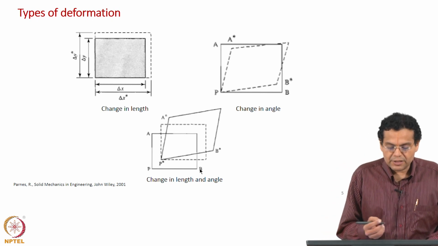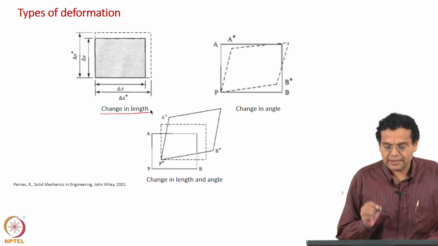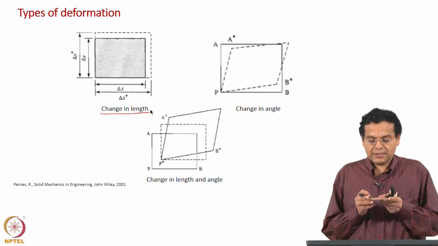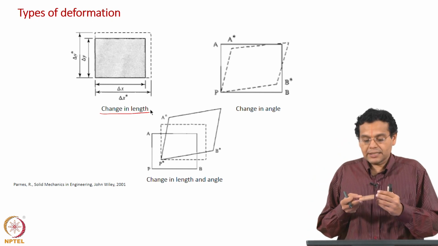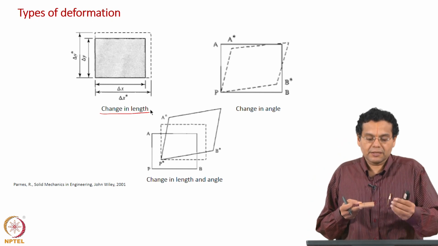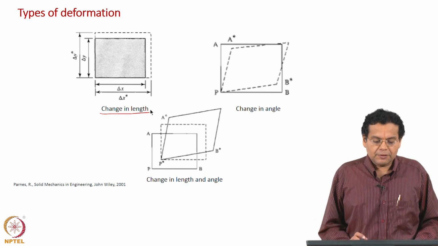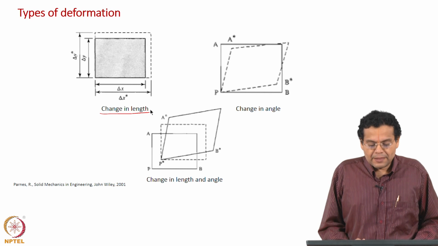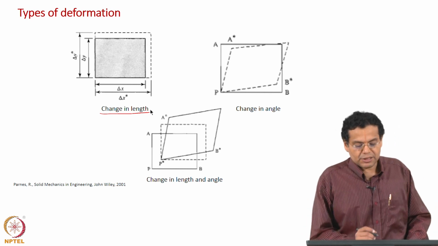So, the first type of deformation which can happen is change in length. For example, let us say 3 centimeters becomes 3.5 centimeters, 5 centimeters becomes 5.5 centimeters. So, there is an increase in length, it can be a decrease in length as well, but the first type of deformation is change in length. That is what is shown here.